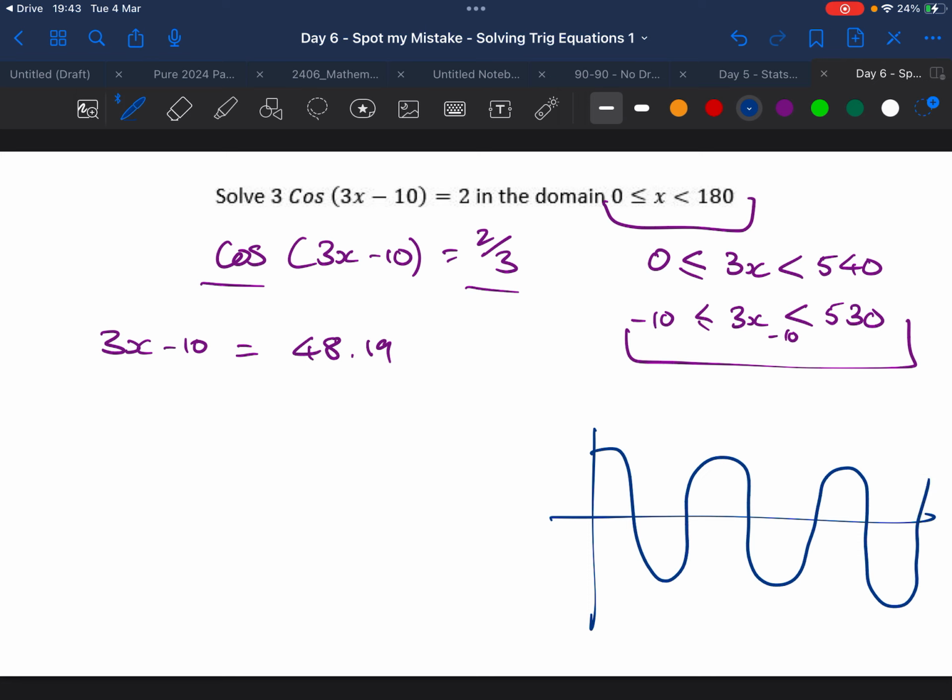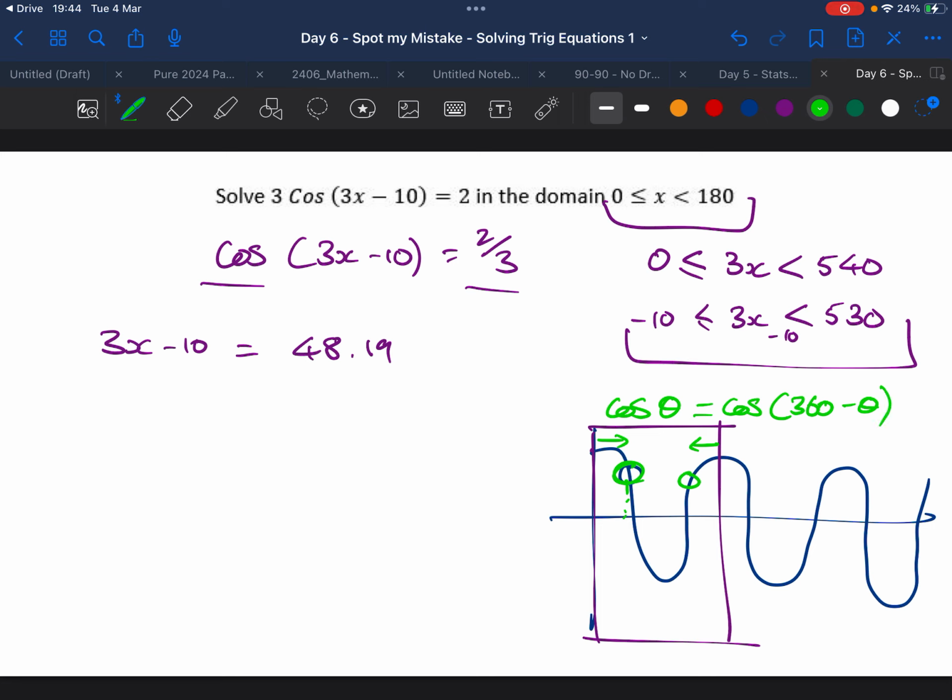So where were we? 48. So that's kind of this one. Let's do that one there. That's this one here. How do I find the next value? Well, if you look inside that purple box there, the idea is a cos graph sort of starts at 1, it goes down, it goes back up to 1. However much you go in there is the same as however much you go back here. The rule is that cos of an angle is equal to cos of 360 minus that angle.